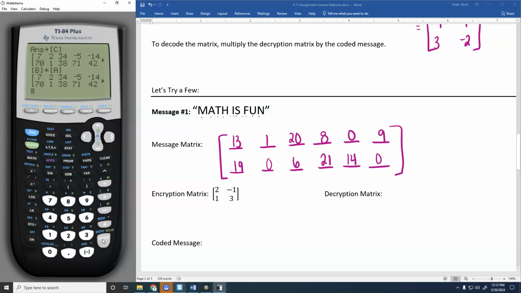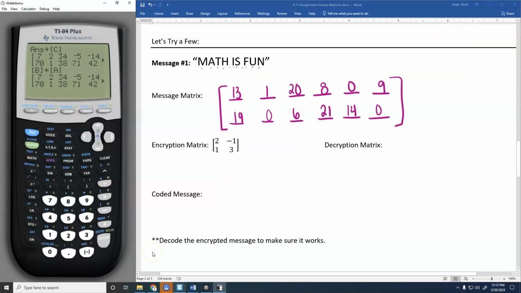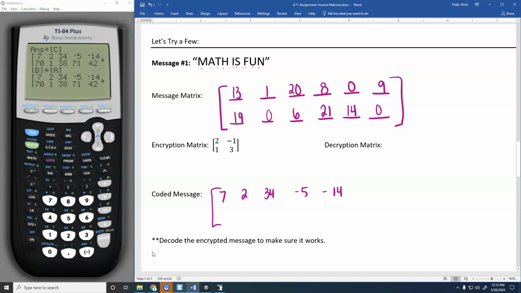So, like our coded message, let's write it down here real quick. I got 7, 2, 34, negative 5, negative 14, and 18. And then 42.